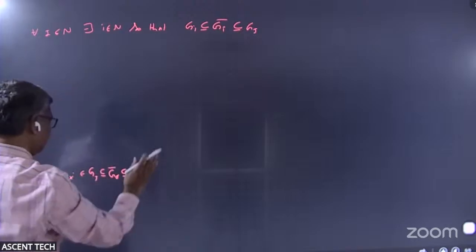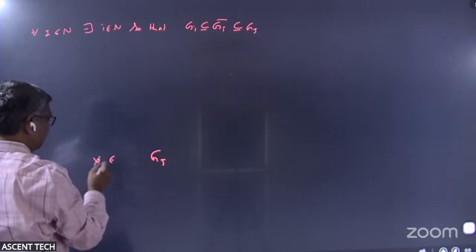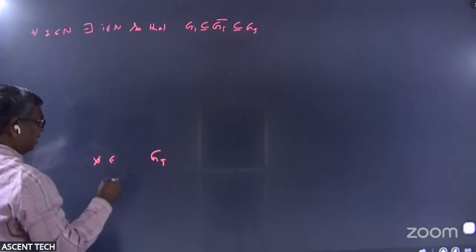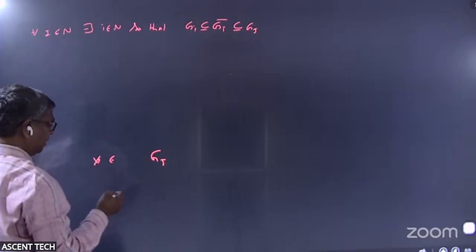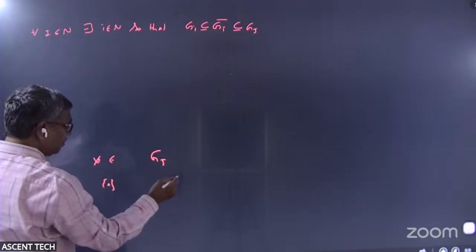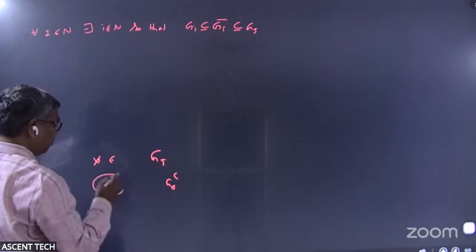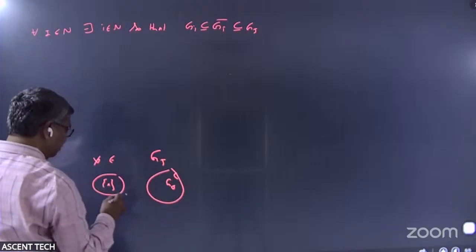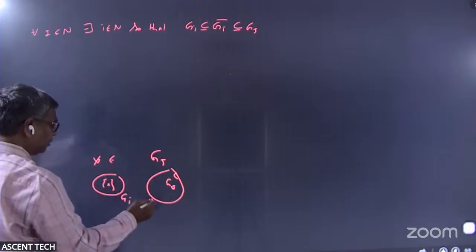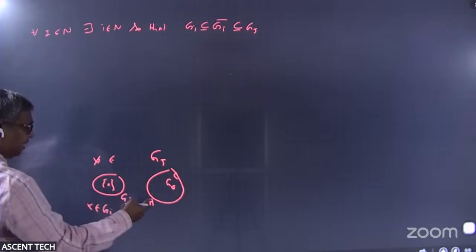How to create that? I just told you. You take a Gj, take any element X in that non-empty open set. Because of normality, the singleton X is closed and the Gj complement is closed, and so these two closed sets can be separated by two open sets. I call this open set Gi, and this one H. So X is in Gi and Gi is in H complement.